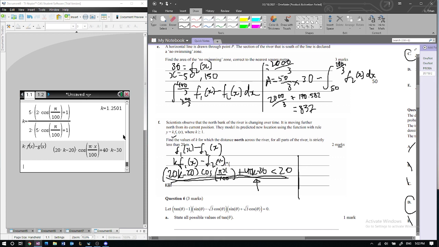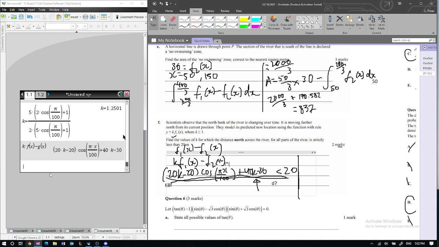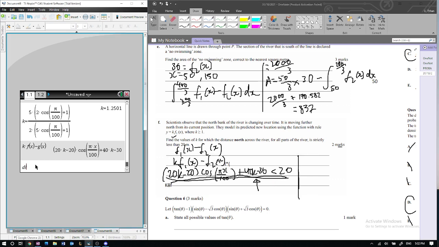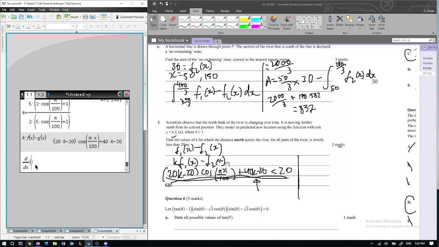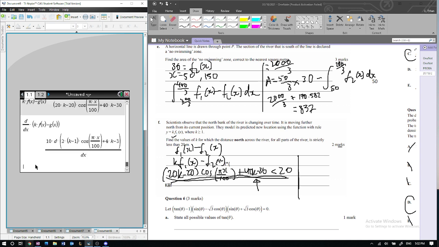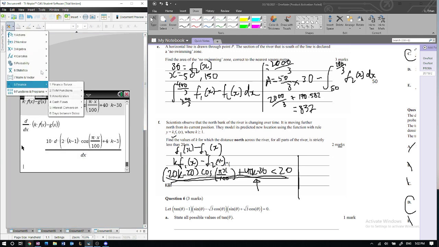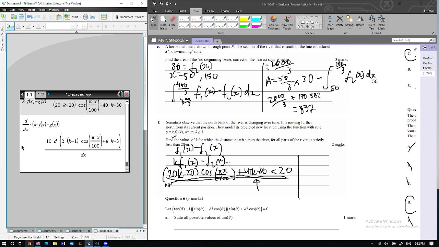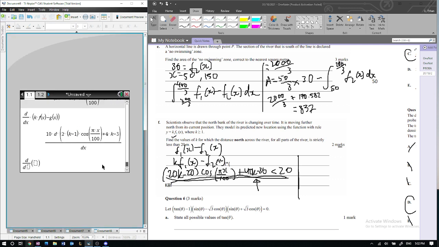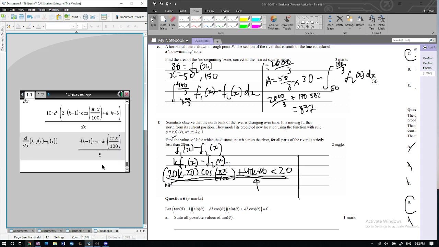So I'll just derive that real quick. d dx of k times f of x minus g of x, and you get that. That's your derivative function, and we're finding the max value, so let's solve where that equals 0 for x.